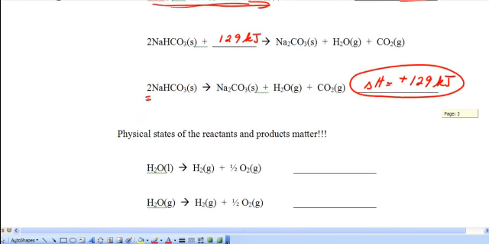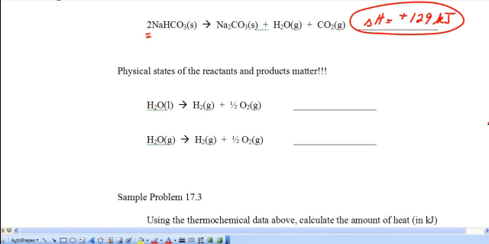Now the other thing that you have to consider is the physical states, because they do in fact matter. When you decompose water in the liquid phase, it's an endothermic process. You have to put energy in, and delta H is going to be a positive 285.8 kilojoules.